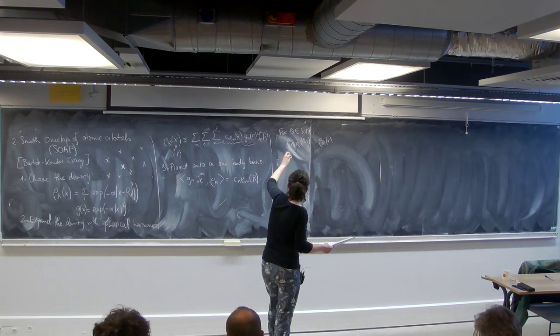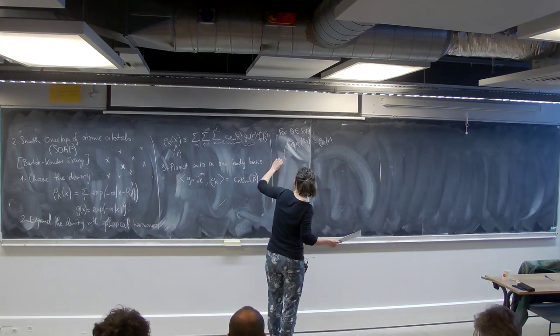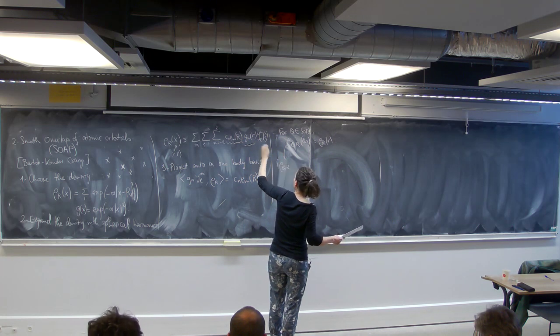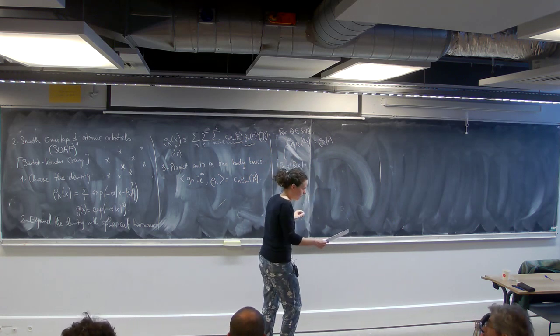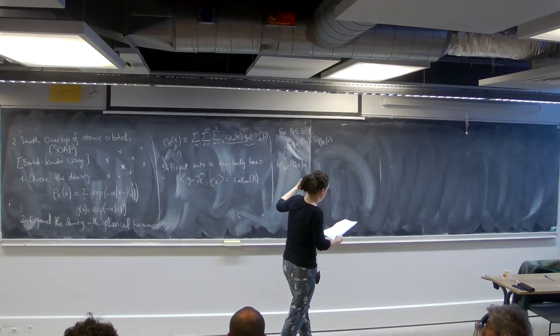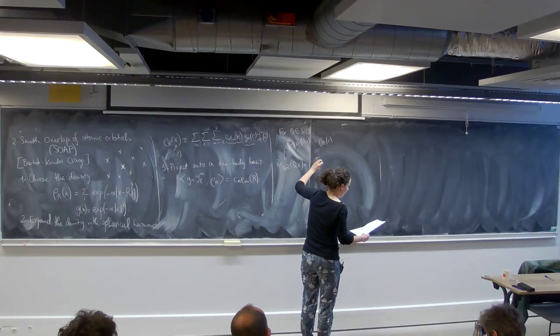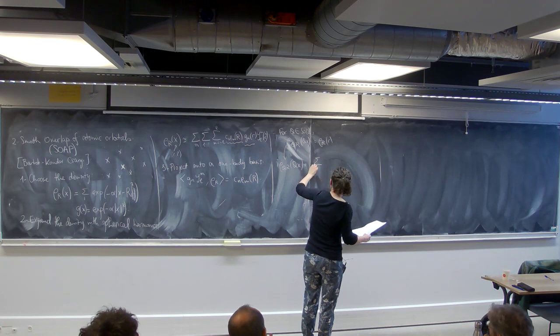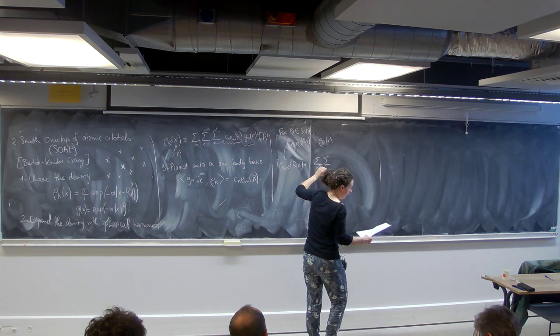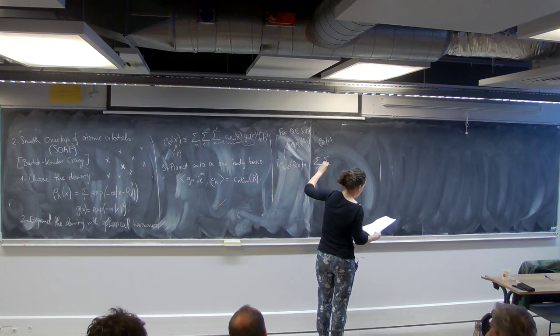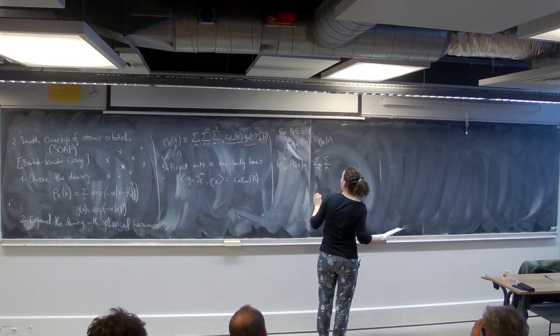And now if I look at what this is using the coefficients and the explicit expression for the spherical harmonics, then I still have the sum over n, l, and the sum over m.